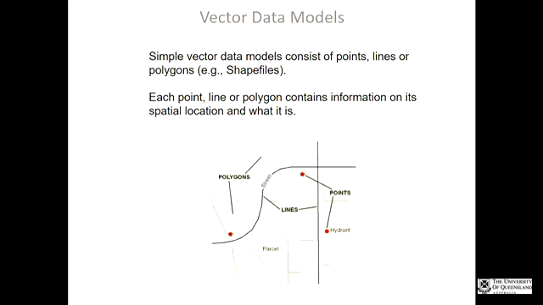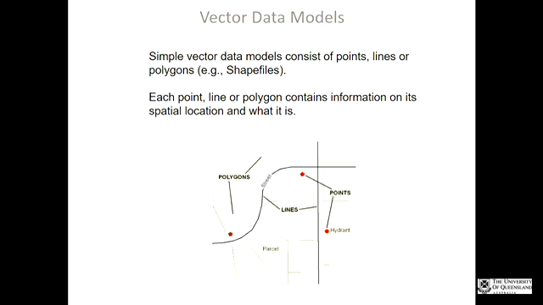They can consist of points, lines, or polygons, and I'll explain what each of those is in a moment. Basically, each point, line, or polygon contains information about the spatial location. When you look at that data in ArcGIS, the spatial location information is hidden, but there is a spatial location in there, in the database.